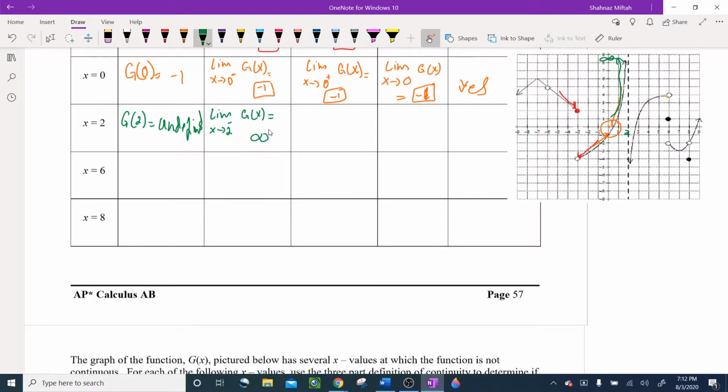So this is my positive infinity. Limit x approaches 2 from the right of g of x equal, that's 2, and my right function is right here, and this is the right function approaching 2, and it's continuously going in this direction, which means that's a negative infinity. Now this is positive infinity, this is negative infinity, limit does not exist.